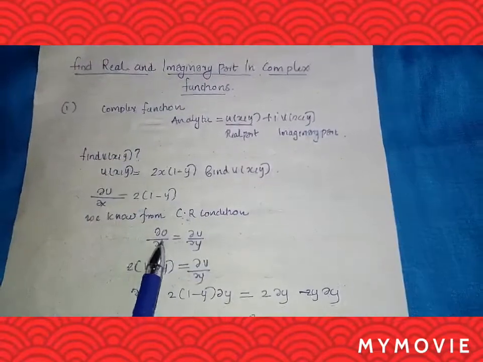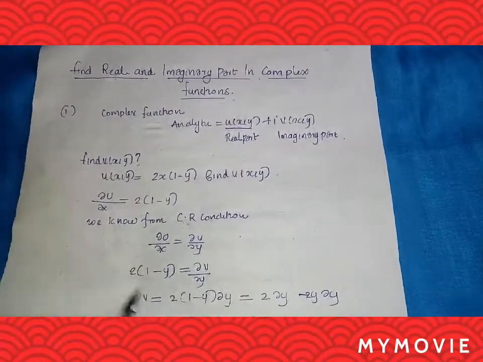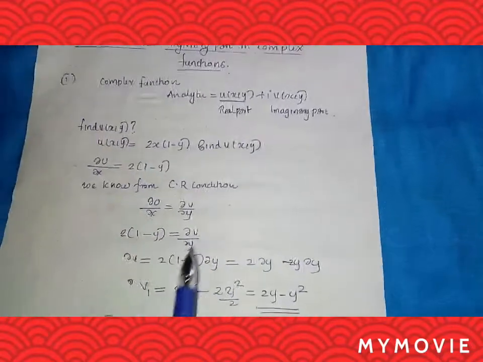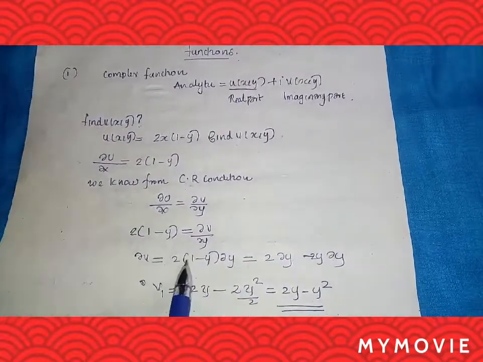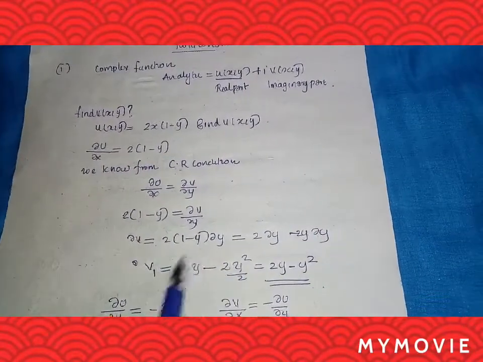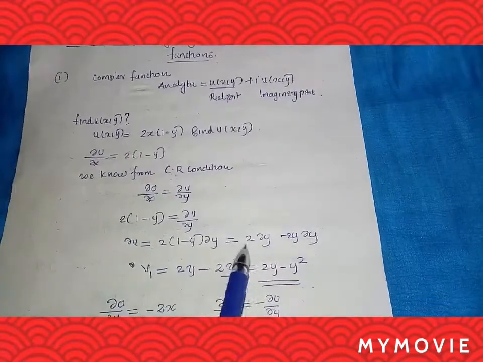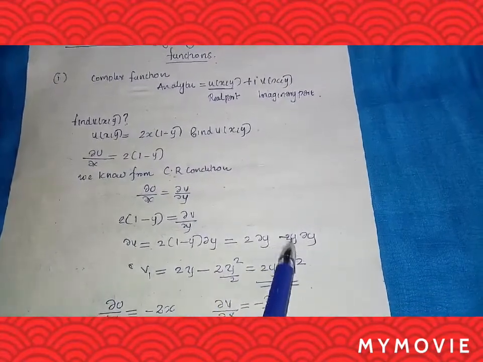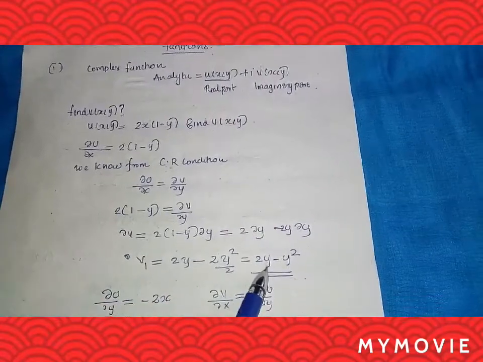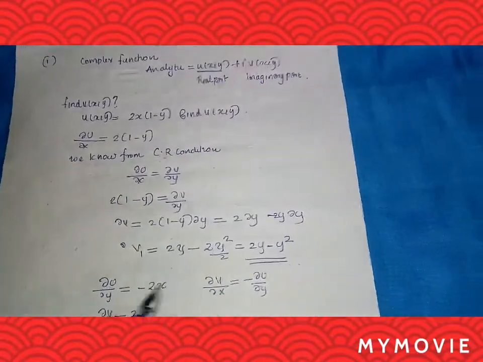So substituting 2 into 1 minus y here, dou v is equal to 2 into 1 minus y into dou y, and integrating this expression with respect to y, we get v. Here we get 2y minus 2y square by 2. So 2y minus y square is the imaginary function.